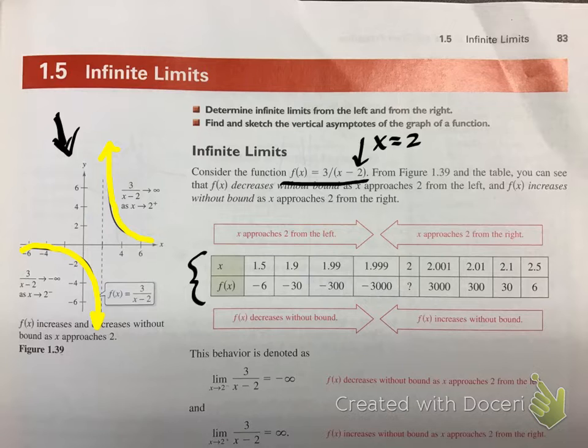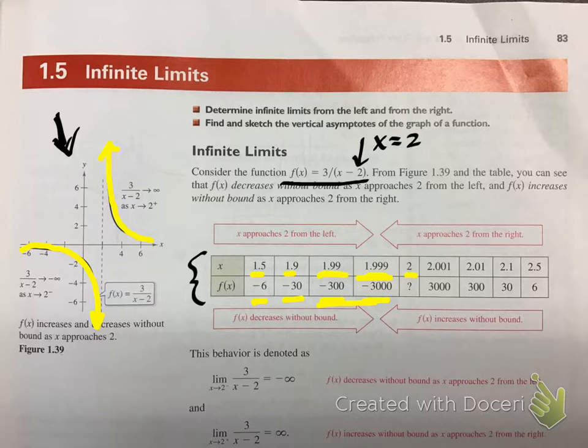One of the 3 reasons limits fail to exist is because they can be unbounded, which means they approach infinity. So that's all the table is showing as these x values get closer and closer to 2. Wow, what a change is happening on the y's. The x values are barely changing, even like 1.99 and 1.999, but wow, look at the y's.